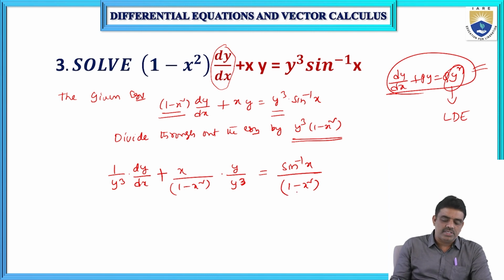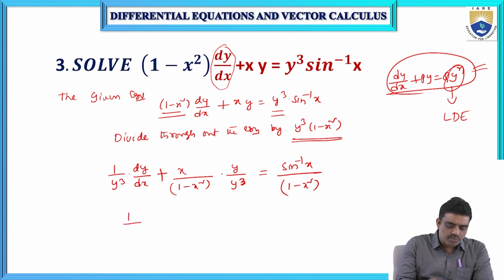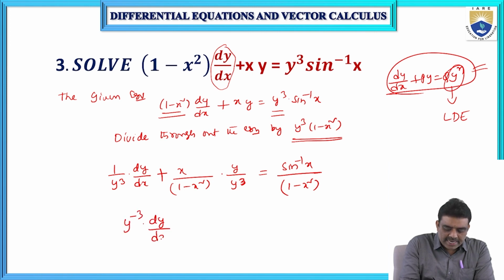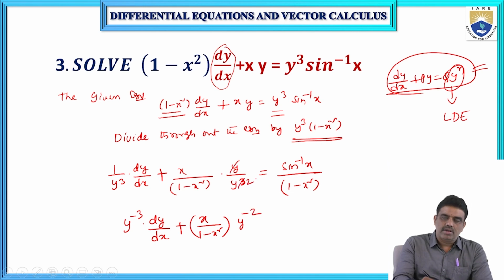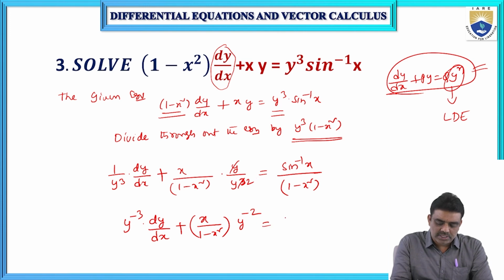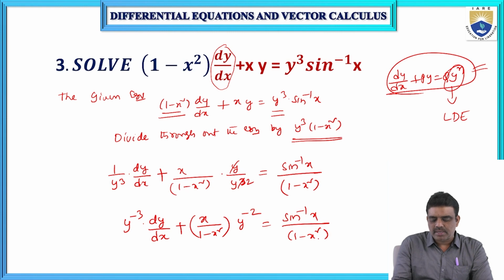So the total equation changes to y power minus 3 dy by dx plus x by 1 minus x square into y power minus 2. y cancels, so it is y square. On writing in numerator, y power minus 2 is equal to sine inverse x by 1 minus x square.